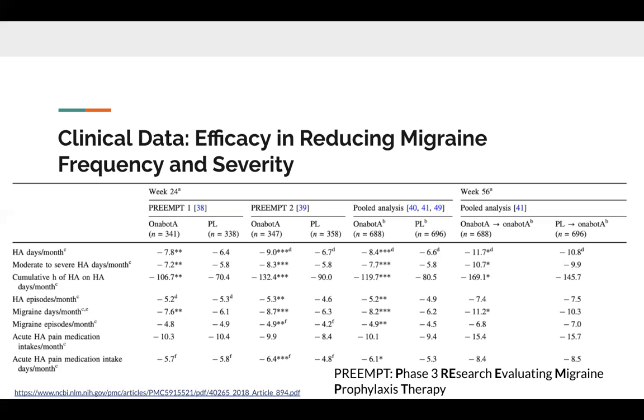And as can be seen in both trials, those who were injected with Botox had a larger pain reduction on headache days per month compared to placebo. They had fewer migraine days per month compared to placebo. And they had less acute headache pain medication intake compared to placebo, especially in Preempt 2.